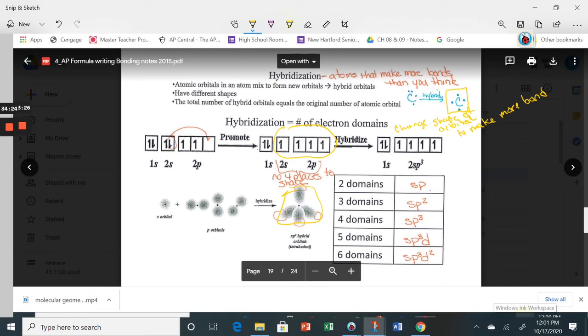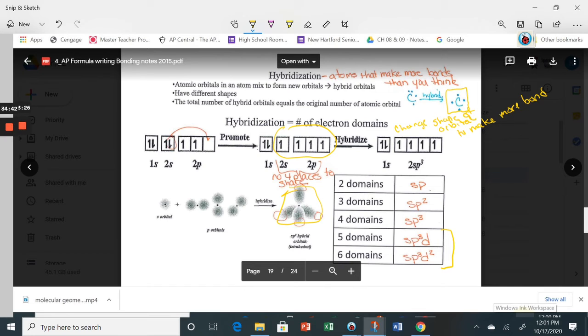But if you look at our notes from before, where we looked at 2 domains, 3 domains, 4 domains, 5 domains, and what you end up with, it has to do with hybridization. Now, they don't ask you about these 2 anymore, but I teach them to you just in case you get somebody who's an old writer.